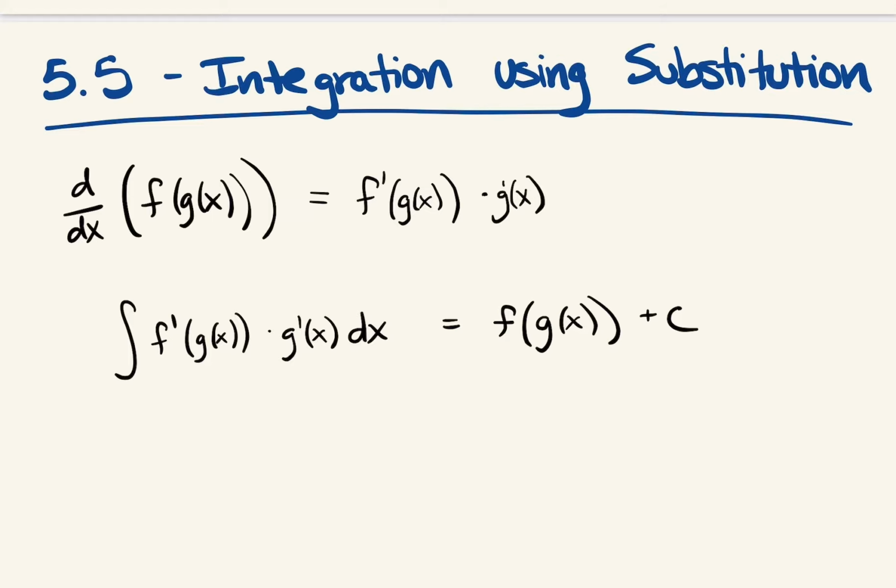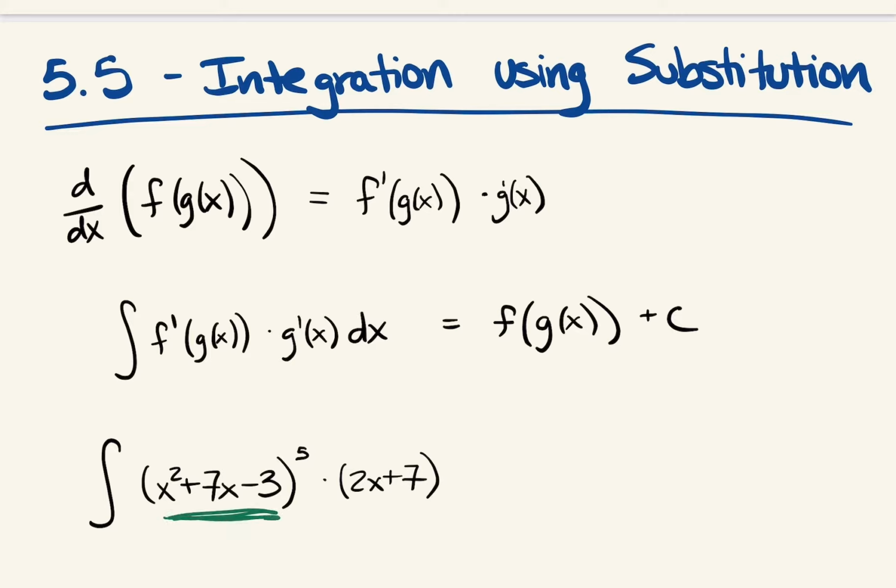So let's see an example. Let's say I am integrating the function x squared plus 7x minus 3 to the 5th power times 2x plus 7. So notice that the derivative here shows up over here.